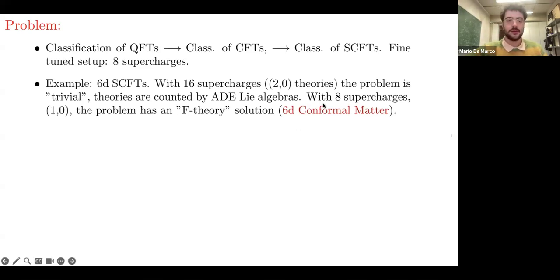We have just two options in this case, and we pick the (1,0) algebra. And the problem was very nicely solved by F-theory constructions, which managed to produce solutions for almost all, if not all, the bottom-up consistent 6D (1,0) theories. And the strategy in order to find such a classification went under the name of 6D conformal matter.